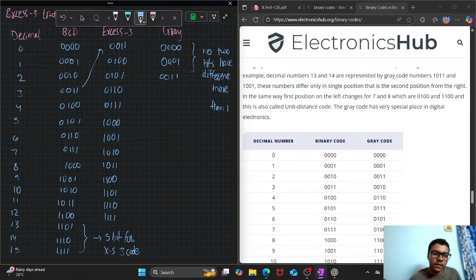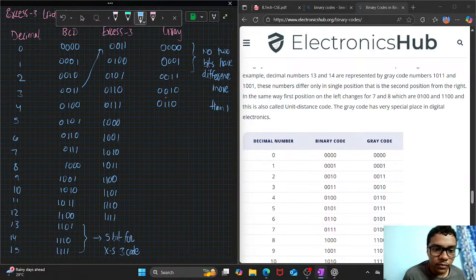So 0 0 0 1, and here this bit changed. The remaining bits are the same. If you look at 3, just write 0, 0 plus 0 is 0, 0 plus 1 is 1, and 1 plus 1 is 0. See, only one bit is different. Then 4: 0, 0 plus 1 is 1, 1 plus 0 is 1, and 0 plus 0 is 0.